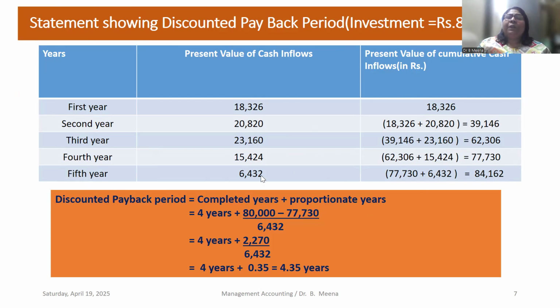What is the respective cash inflow? 6,432. So the difference, 2,270, divided by the fifth year's cash inflow of 6,432, gives 0.35. So 4.35 years is the answer for the discounted payback period calculation.